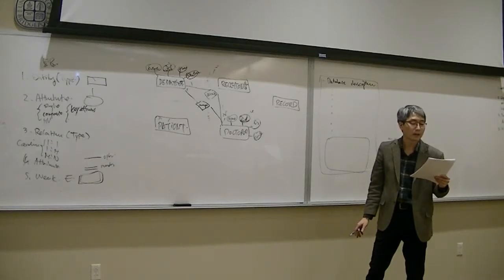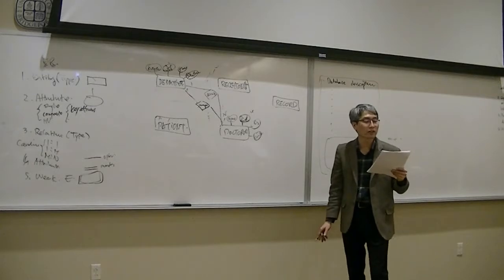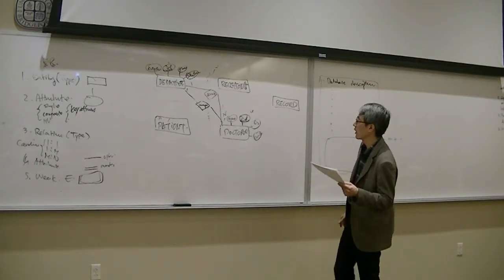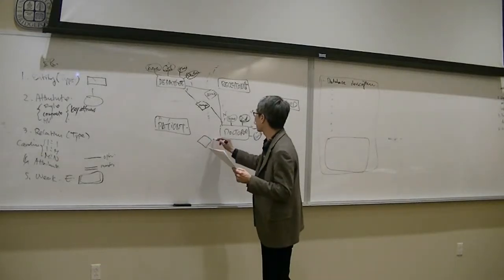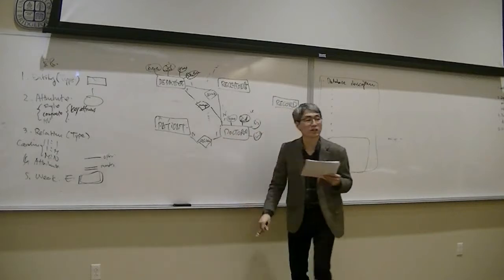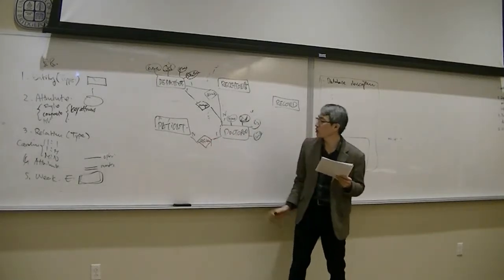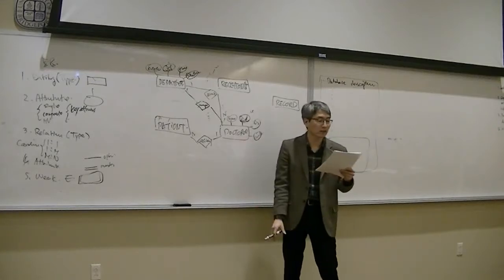It's clearly mentioned here that each doctor works for one department, and each doctor has several assigned patients. So we have a one-to-many relationship between the doctor and the patient.